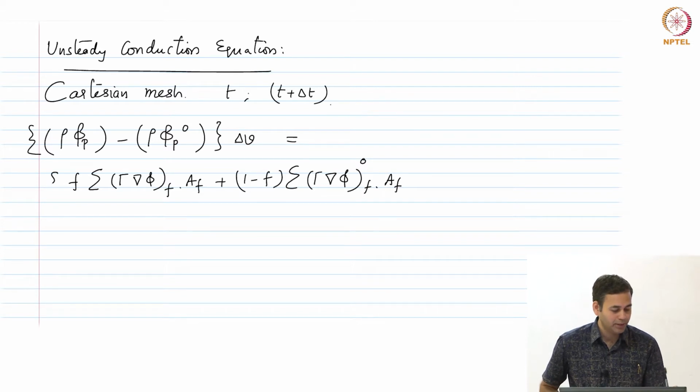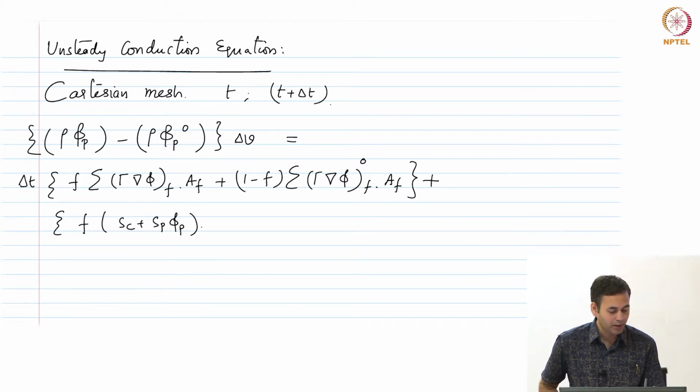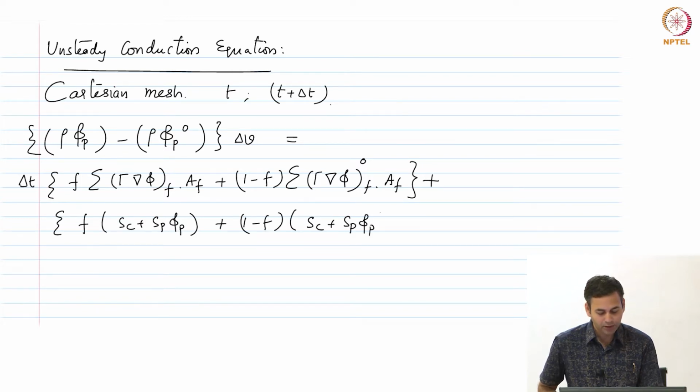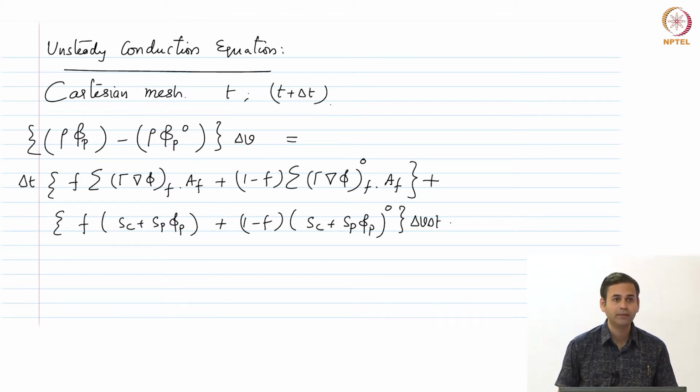This entire term is multiplied by delta t, and then we have a source term, f times sc plus sp phi p at 1, plus 1 minus f times sc plus sp phi p at 0, and these two terms are multiplied by delta v delta t. That is the equation we have.